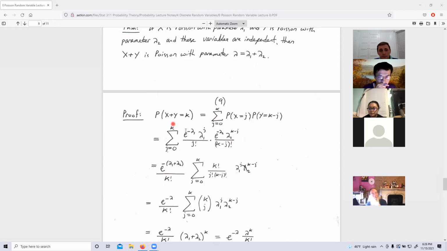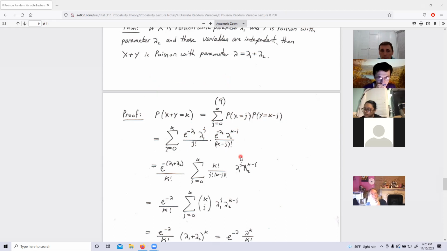So what next? The probability that x equal to j is e to the minus lambda 1, lambda 1 to the j, divided by j factorial. The probability that y equals k minus j is e to the minus lambda 2, lambda 2 to the k minus j, divided by k minus j factorial.